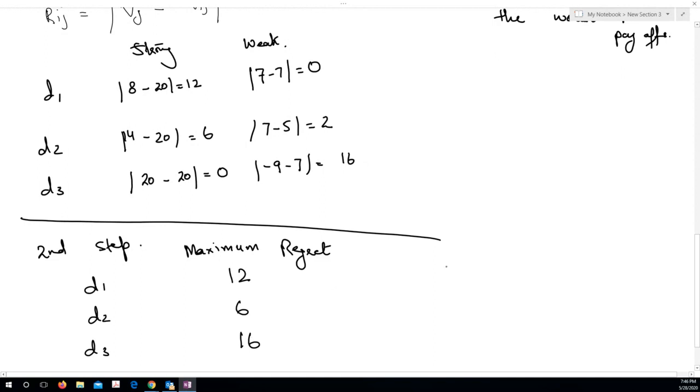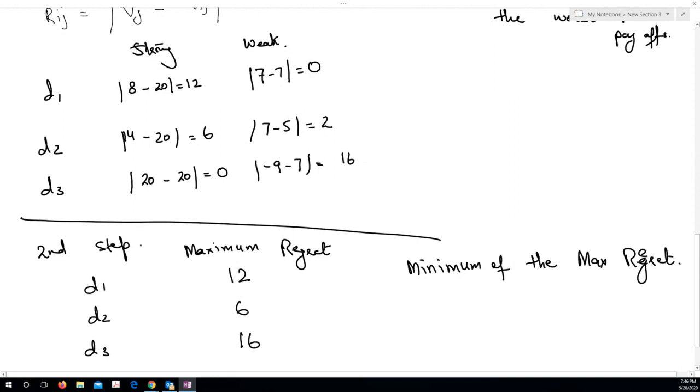Now the final step would be to find the minimum of the maximum regret, like our max regret is minimized. So we are regretted, but it's the minimum regret we can take.